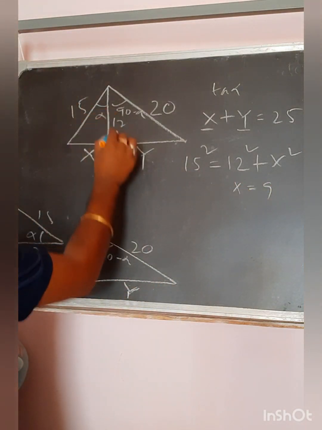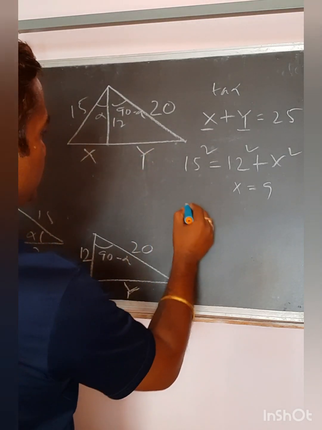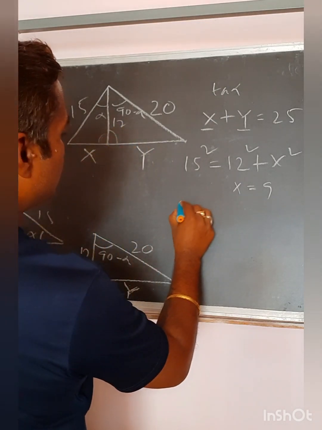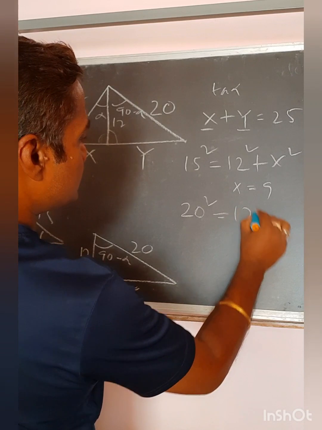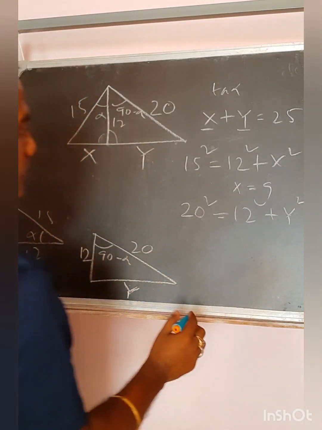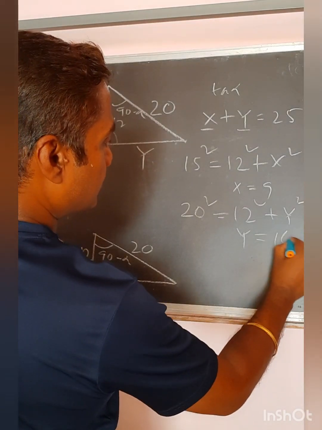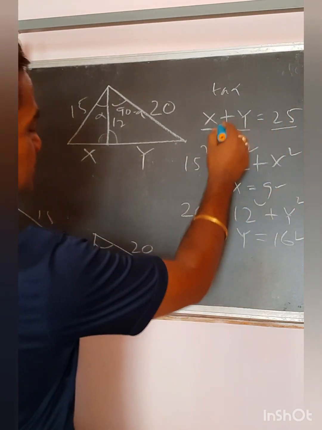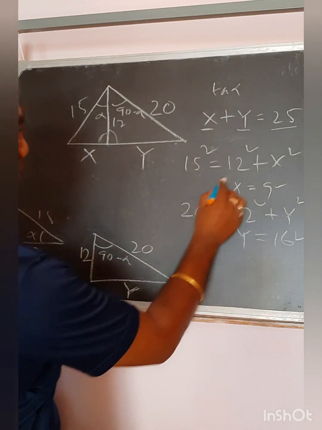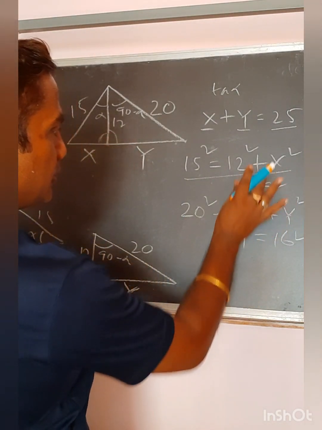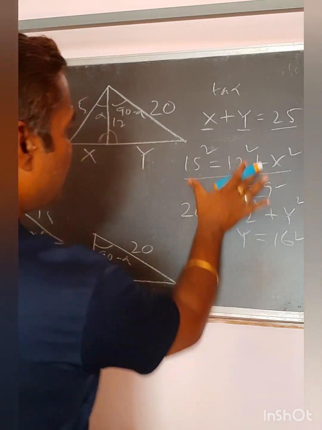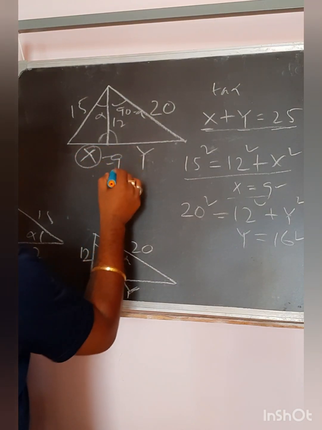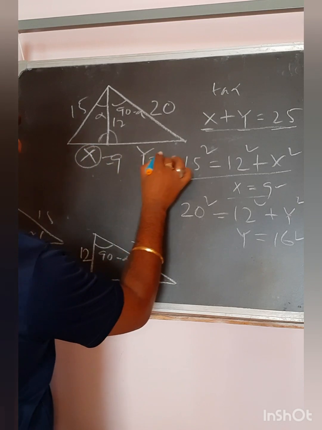At the same time, 20 square equals 12 square plus y square, so y should be 16. Now see, 9 plus 16 gives you 25, so it is satisfying the relation, and the third equation is also satisfied. So we can establish that there is only one value: x equals 9 and y equals 16.